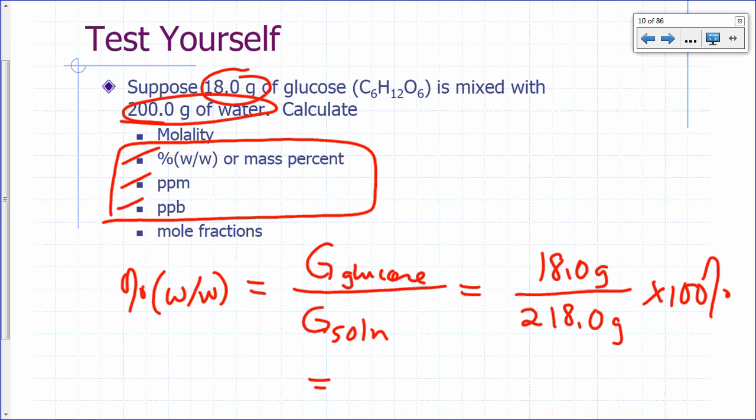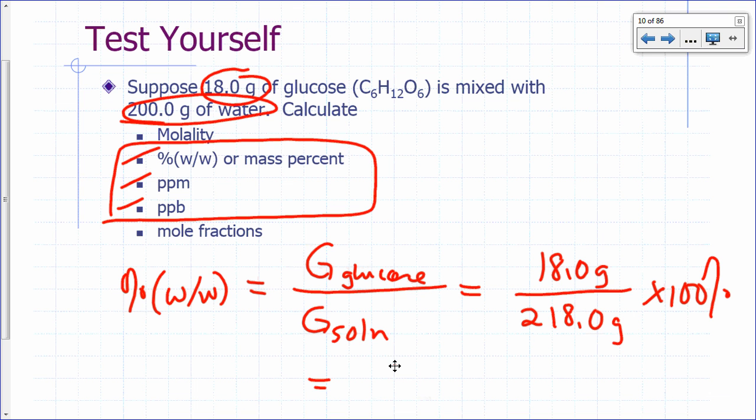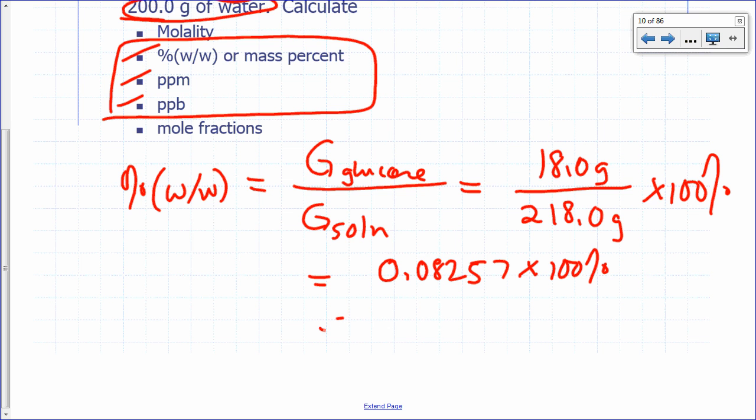So that gives you 18 divided by 218.0, which is 0.08257, times 100%. Okay, so number of sig figs here, 3 sig figs in the numerator, 4 in the denominator.